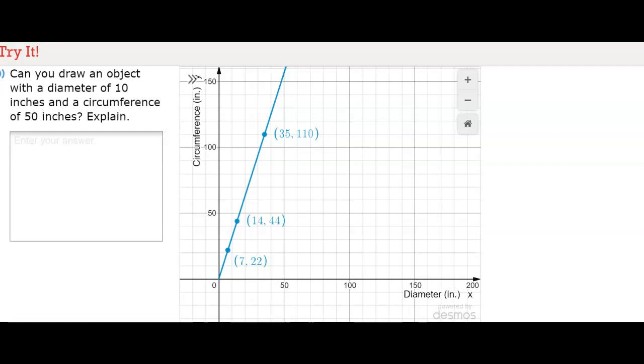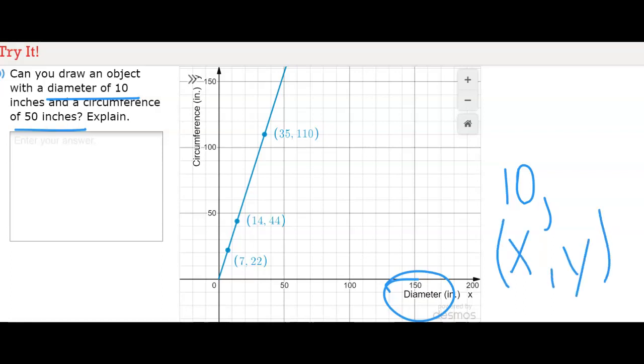So it has a diameter of 10, circumference of 50. If we look at the graph, we have diameter as the x value, so the diameter is 10. So that's going to be first. Remember, you always do x, then y, and so the y would be my 50. So these would be my coordinates.